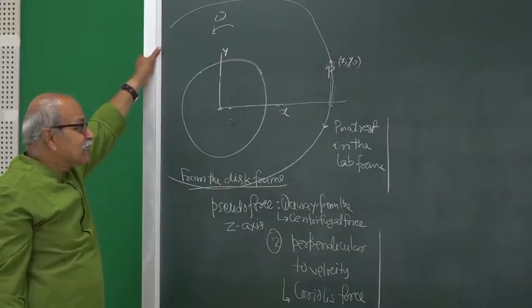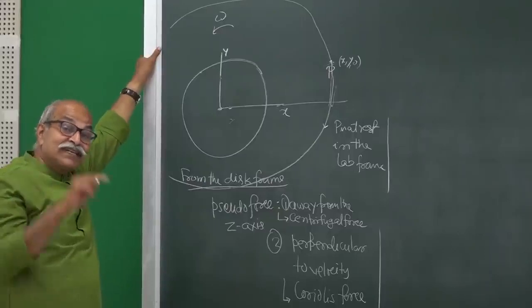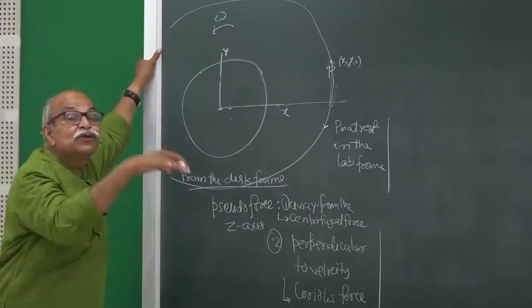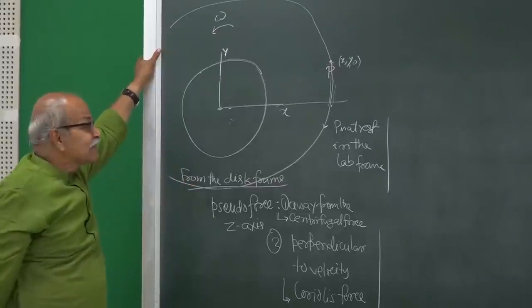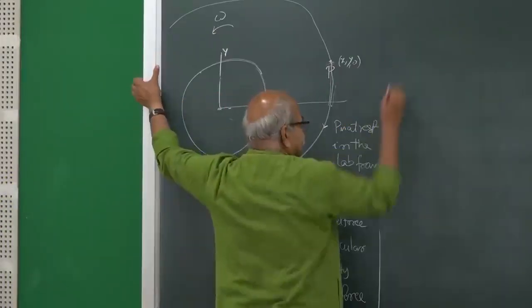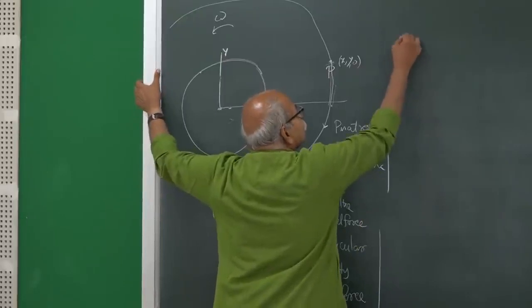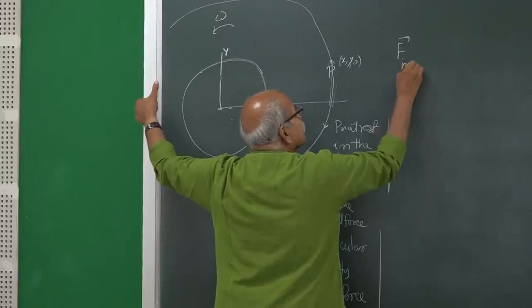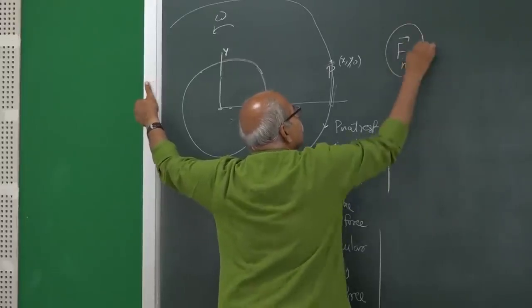If it is going in a circular path, it is accelerating. So, in the disk frame, if I want to use Newton's second law, there is an acceleration, so I have to assume some pseudo forces. The real force is 0: F net, the sum of all real forces.